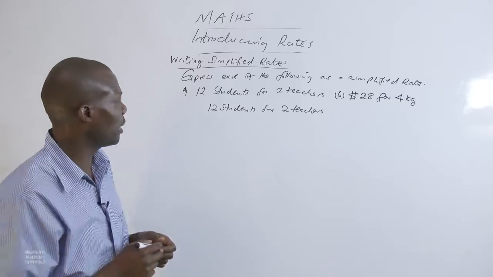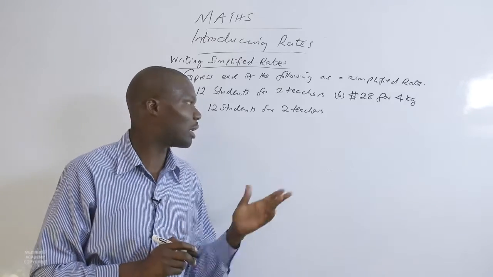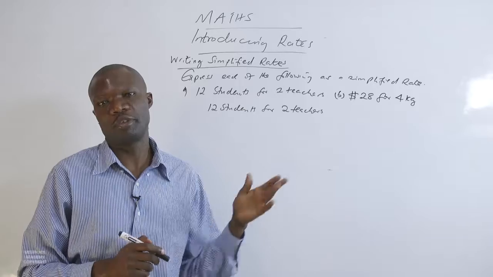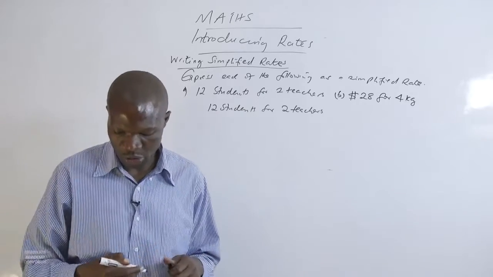As I said earlier, it's like we are looking for the average rate of students per teacher. Therefore, we are going to divide by the change of the second quantity, which is 2.